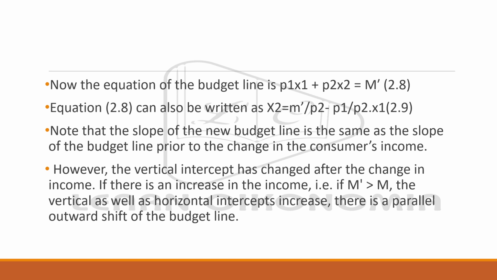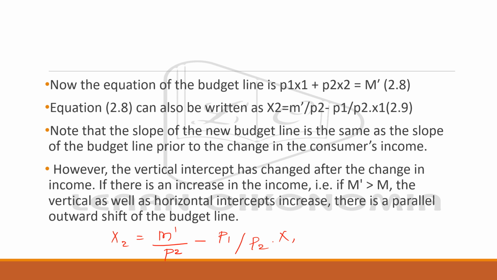This has happened as a result of the increase in your income. In order to find x2 from this equation, x2 could be arrived at by dividing M dash by P2, minus P1 by P2 into x1.